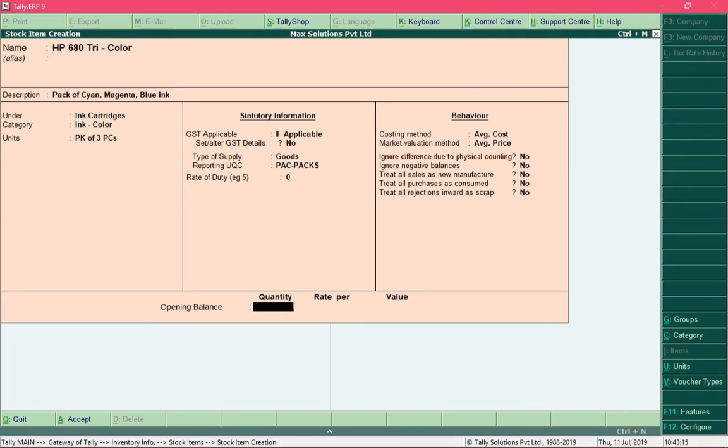Suppose I have 10 packs of this item, then I can specify its quantity over here and specify its purchase rate, and specify the unit whether it is pack or pieces. This is useful when you want to record opening stock for an item. Right now I'm not going to specify any details over here, and I'll just accept the item creation.